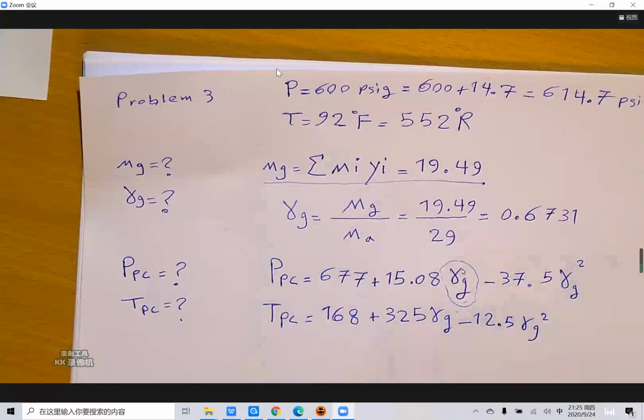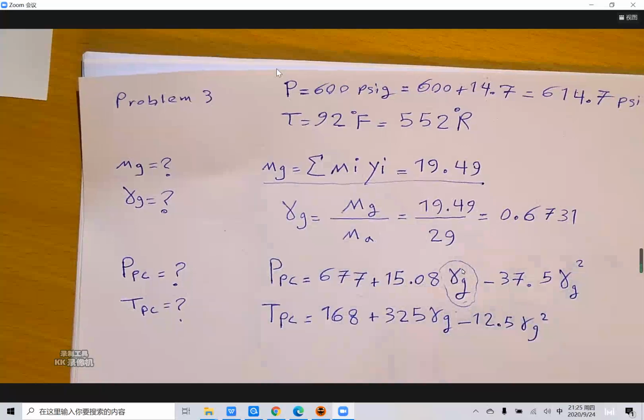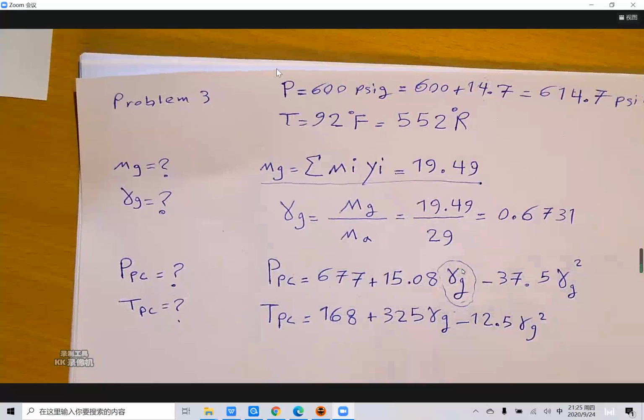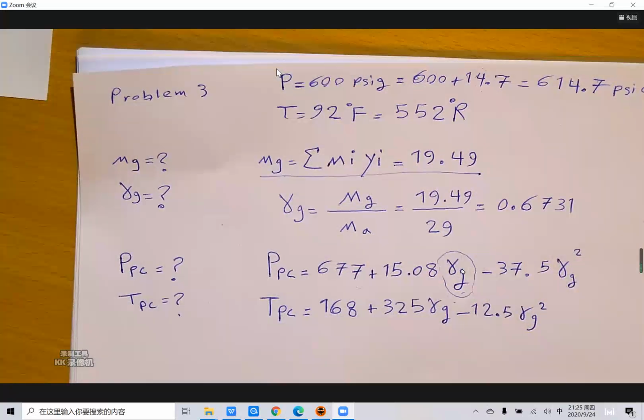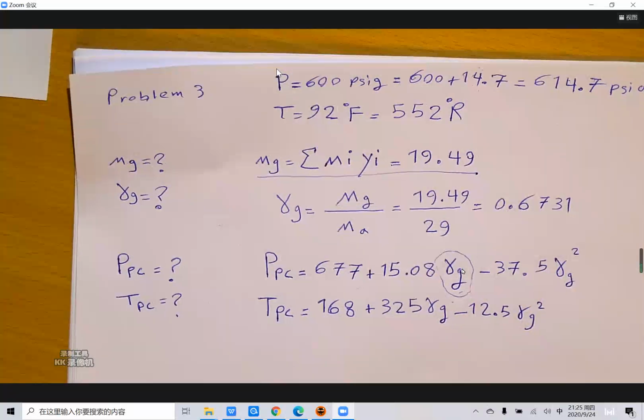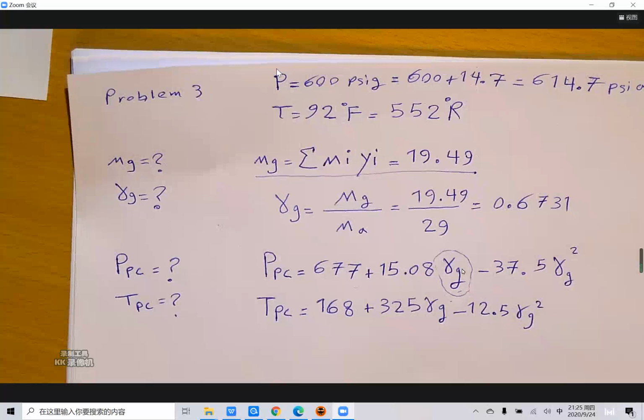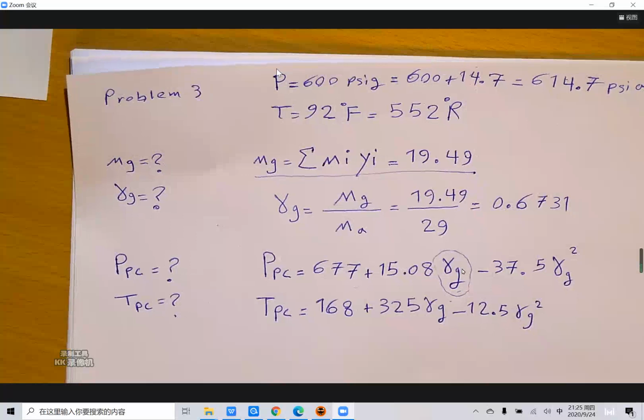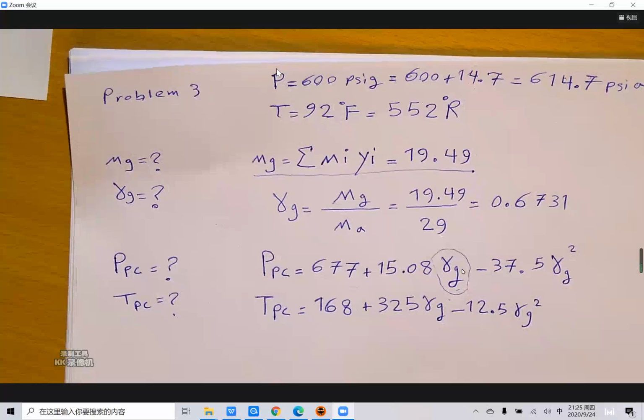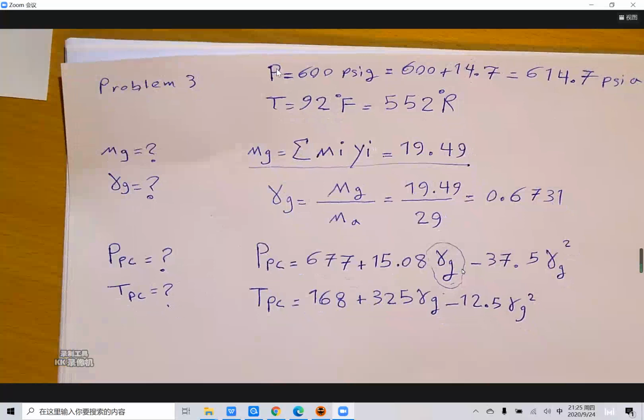Yeah, if we don't have the composition of the gas, we use this equation. But as the question says, first find the specific gravity of the gas and then find the pseudocritical pressure and temperature by having the specific gravity. So you have to use this equation. Okay, thank you.